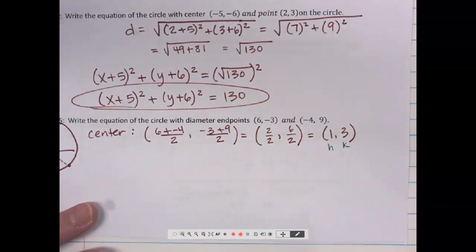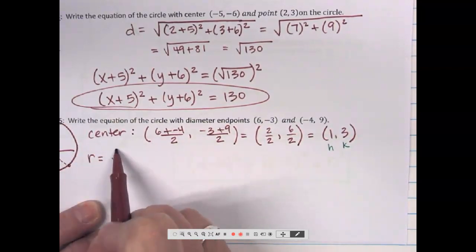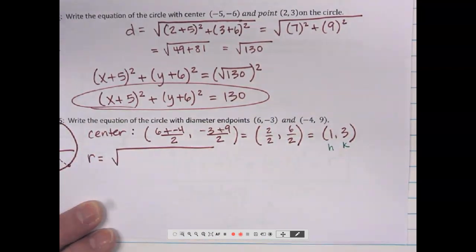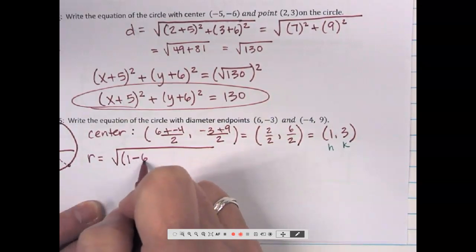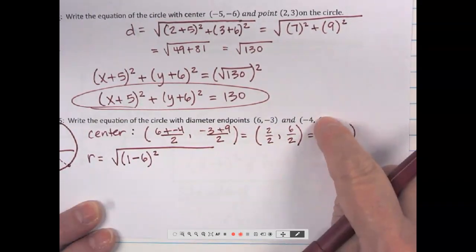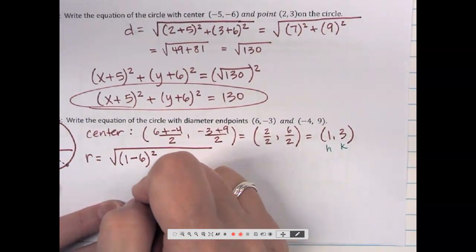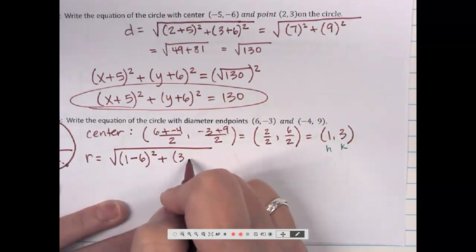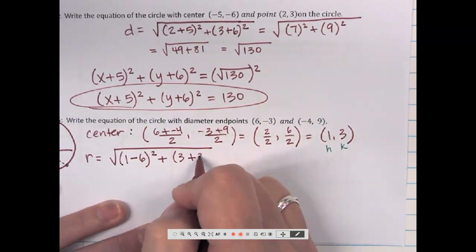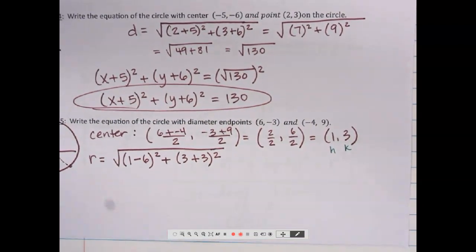6, -3. All right. So I'm going to find the radius by using distance of x2 minus x1. And if you use the other ordered pair, the other endpoint, you'll get the same radius, plus y2 minus, which becomes plus y1.